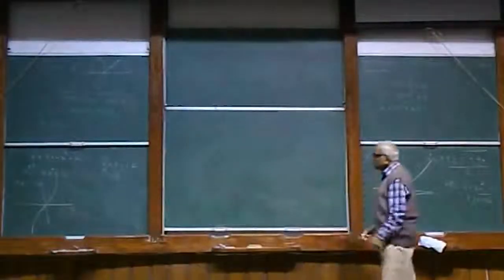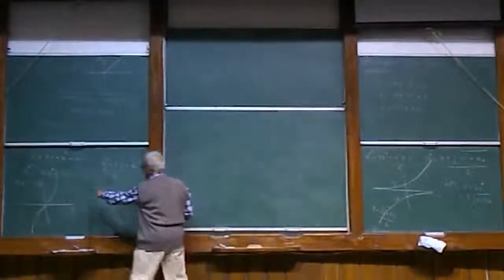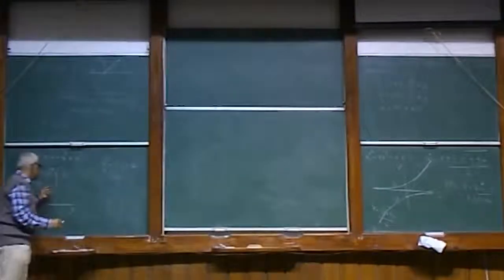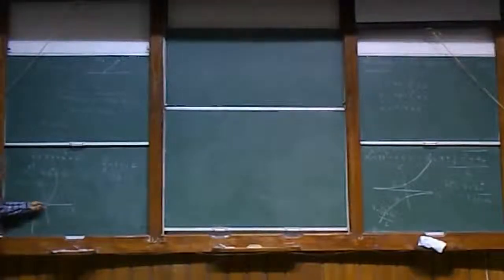For epsilon greater than 0, the root sits over here, and at epsilon equal to 0, the root is at x equal to 0. So only one root.